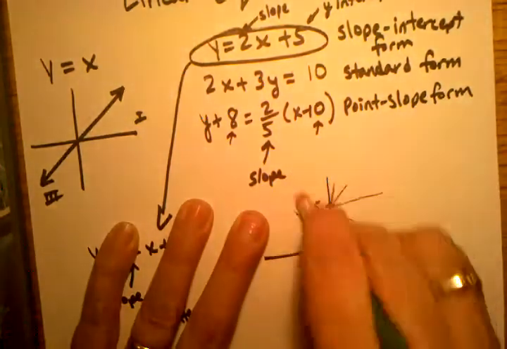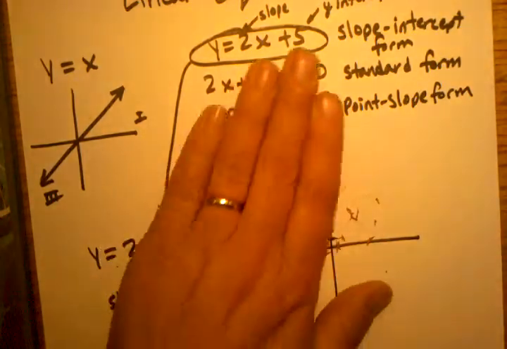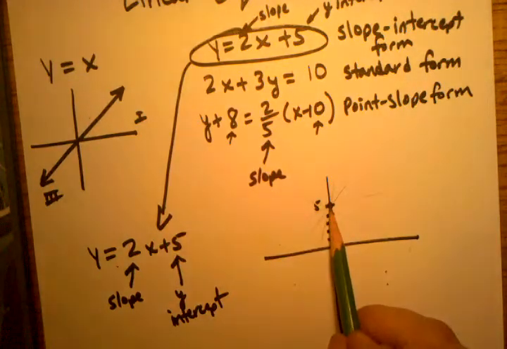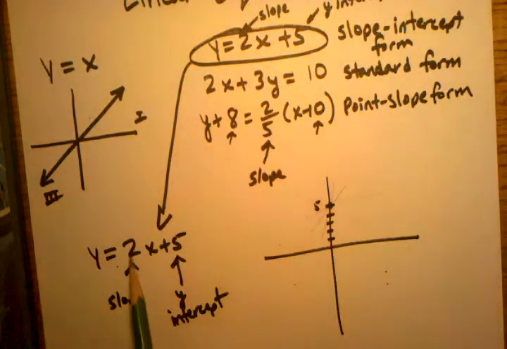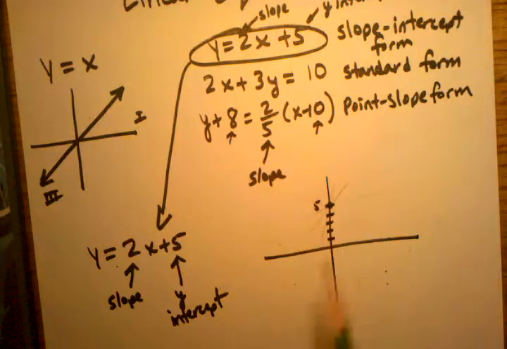But regardless of where this line is crossing through, it's going to cross through at the point 5 on the y-axis. So knowing that, I'll put a little point there. And then the number that's being multiplied to x tells me the slope. So basically, that will tell me to which angle this line is going to go through this particular point.